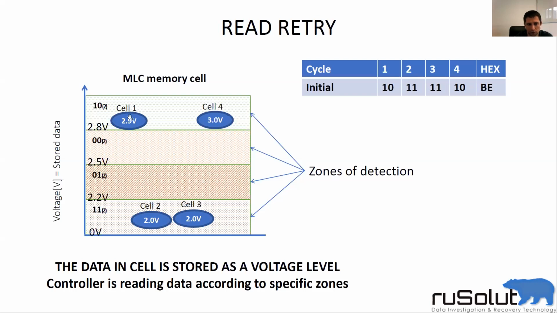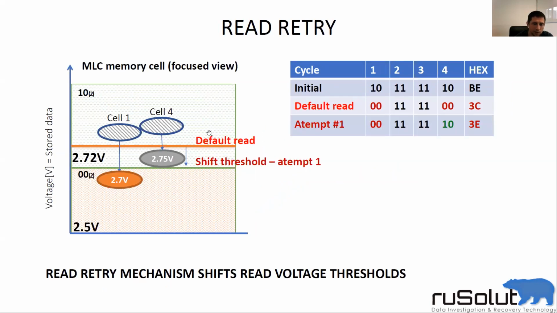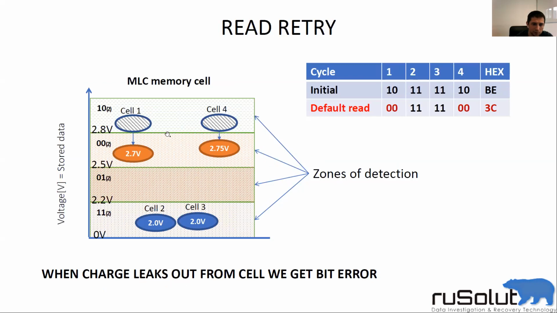This byte is BE. Then after some time, two memory cells lose their charge, and now with the default read we will get a bit error. We will get 3C instead of BE, because these two memory cells will bring us data 0 0 instead of 0 1.